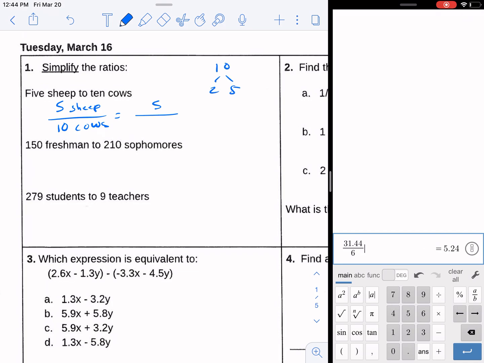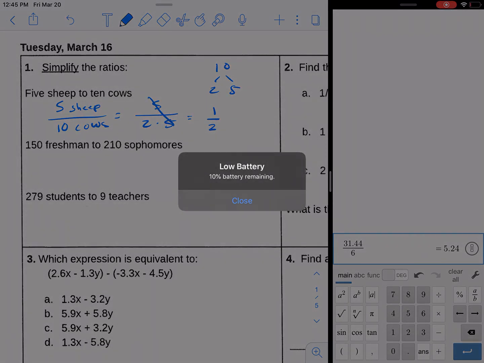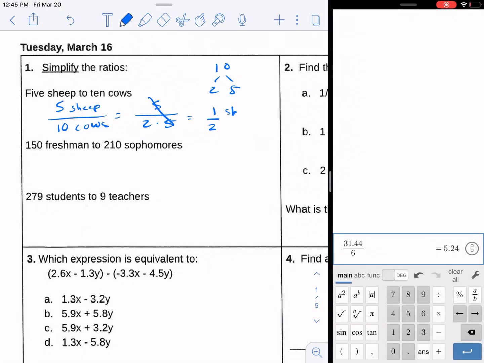So we got 2 times 5. Make ones, and so we got 1 over 2. And remember, the numerator was 1 sheep for every 2 cows. So that is the ratio in simplest form.